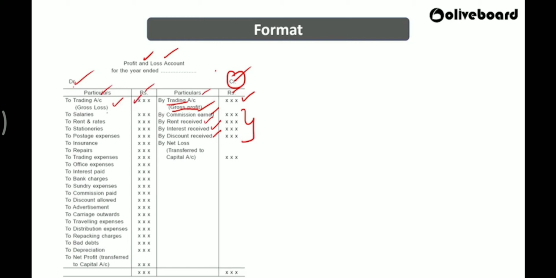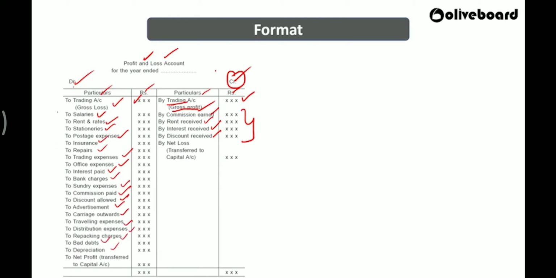After that, I wrote salaries paid to office personnel, rent and rates, stationery, postage, insurance, repairs, trading expenses, office expenses, interest paid, bank charges, sundry expenses, commission paid, discount allowed, advertisement, carriage outwards, traveling expenses, distribution, repacking, bad debts, depreciation.